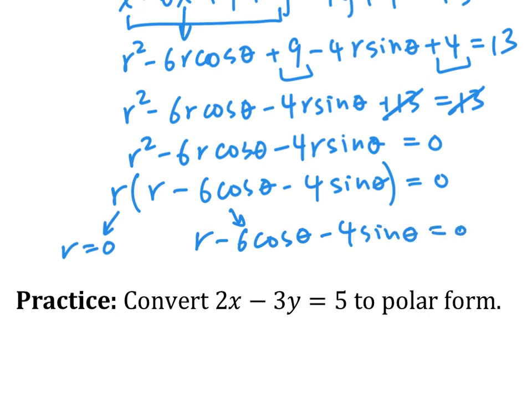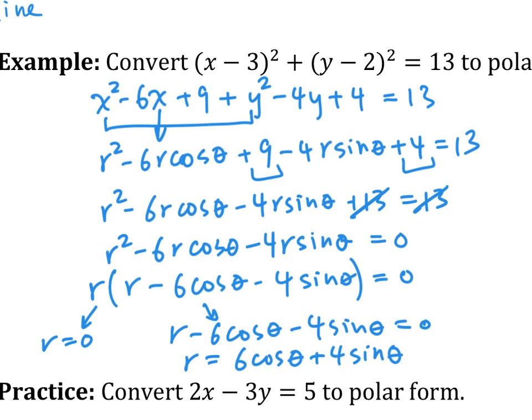R equals 0 is what? Well, it's just saying there is no radius. So if anything, it would just be a dot in the center of the polar coordinate. So that's kind of meaningless, so we ignore that result. This one, r minus something minus something, what we're going to do is add that to both sides. Now, if you graph this in the graphing calculator in the parametric form, you can see that it is the same as this circle.